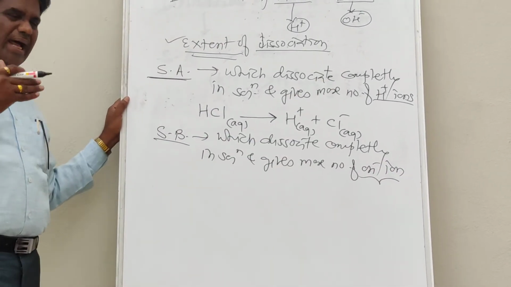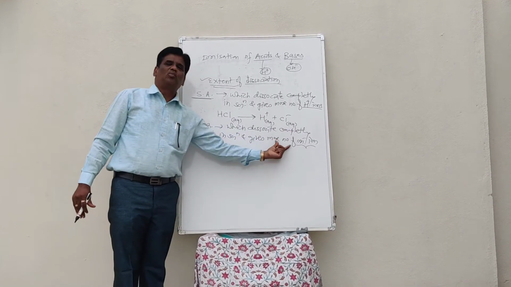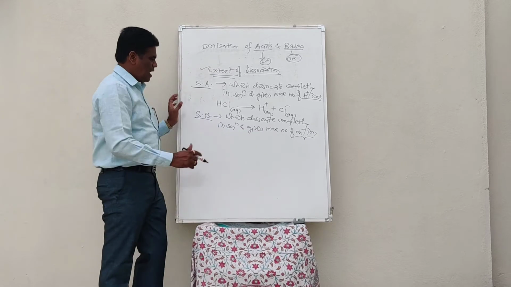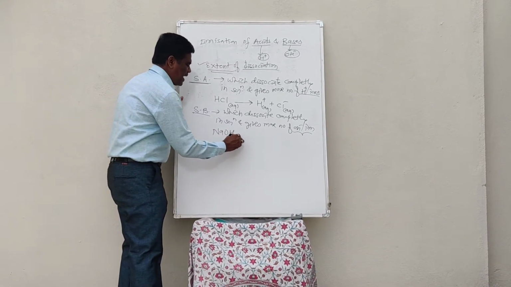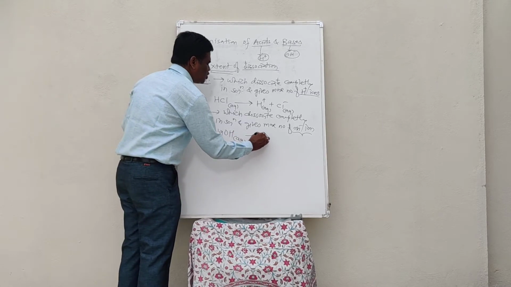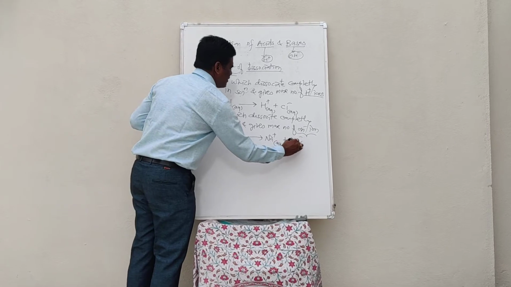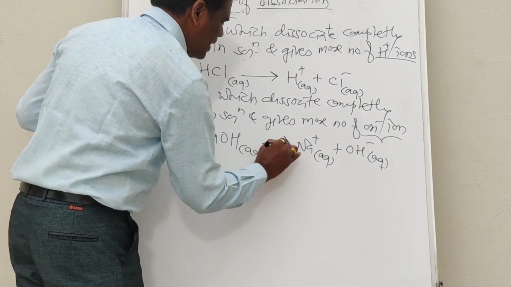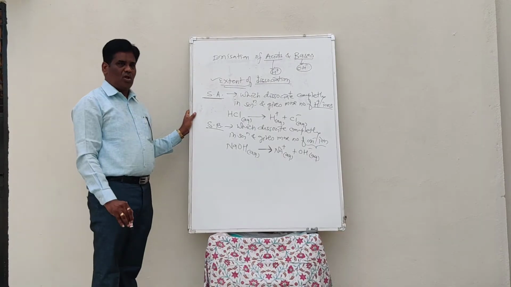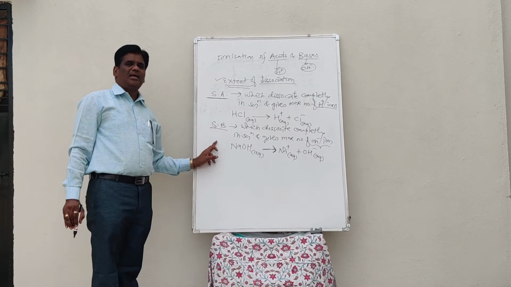Means they dissociate to a large extent, practically completely. Therefore if you consider the example NaOH, in aqueous media it will dissociate as Na plus aqueous plus OH minus aqueous, and hence its ionization can be shown by a single arrow. So this is called ionization of strong acid and strong base.